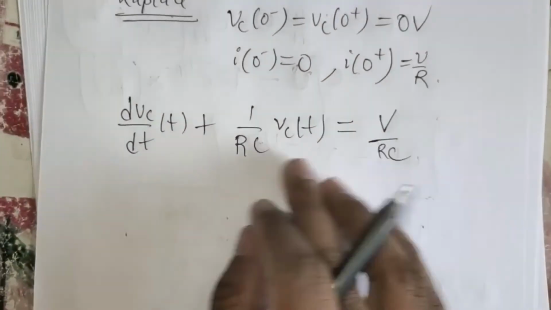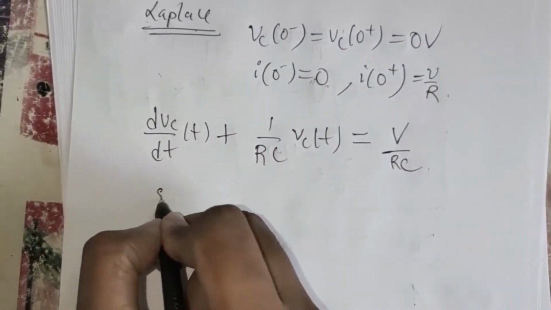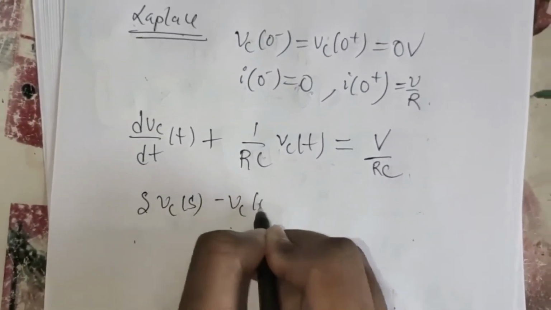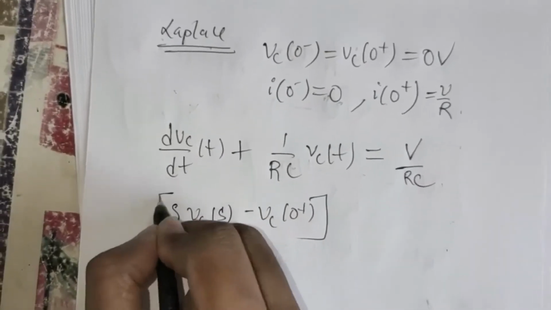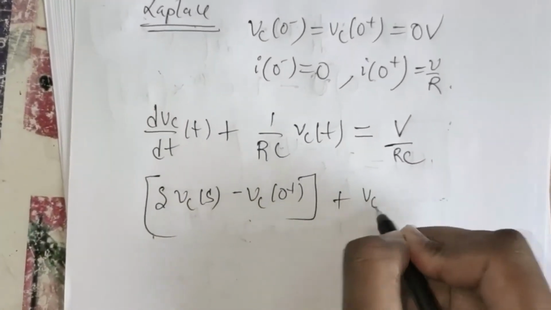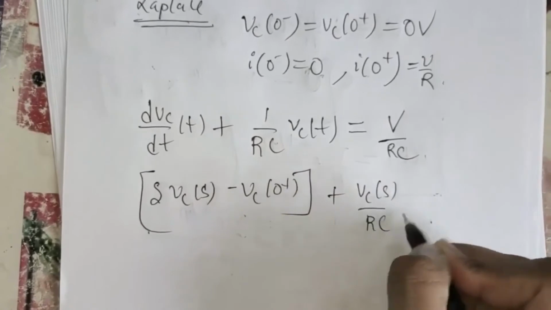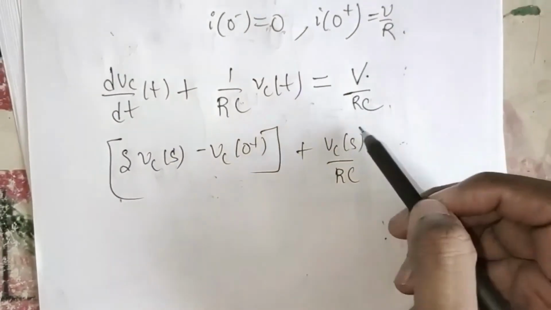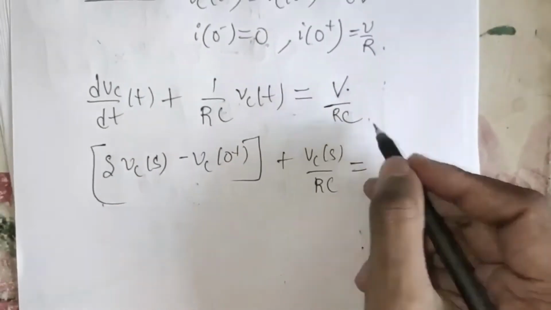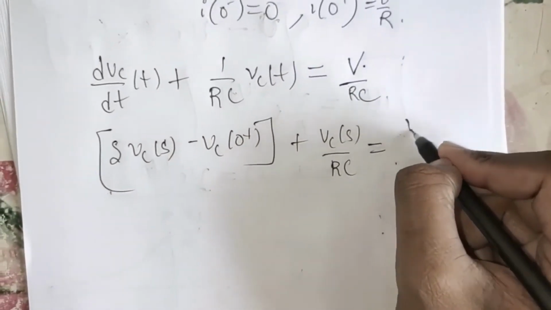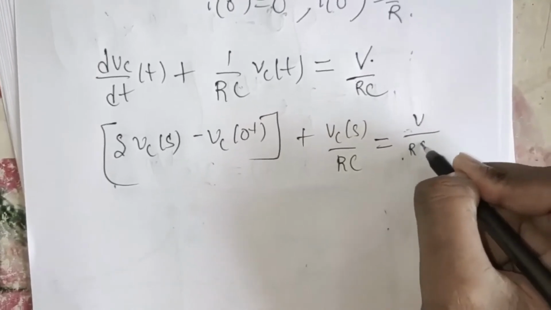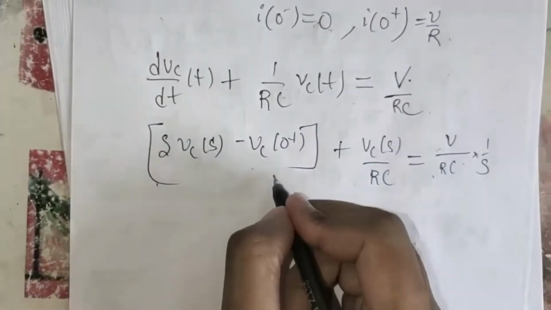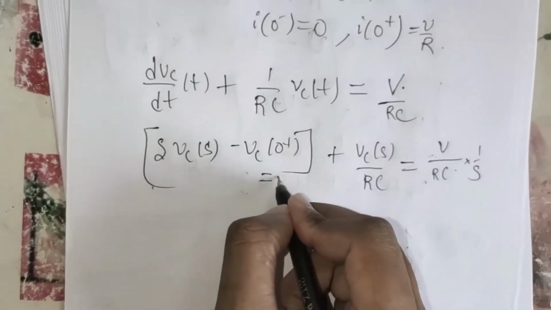Applying Laplace transform on both sides, this becomes S into Vc of S minus Vc of 0 plus, plus Vc of S by RC is equal to, the right hand side being a constant V by RC, on Laplace transform I'll get V by RC into 1 by S. Vc of 0 plus is anyhow 0.